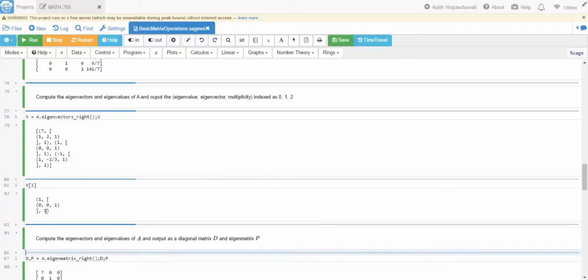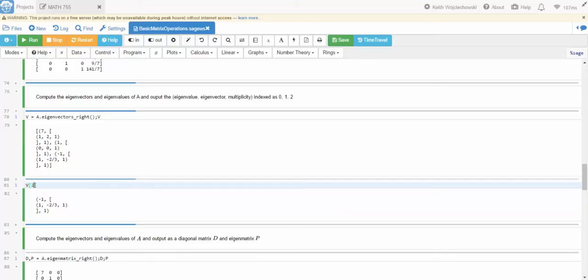And the little 1 down here is telling me what the multiplicity is. So this is the eigenvalue 1 with eigenvector 0, 0, 1. And then if I put in 2, I get the eigenvalue minus 1 with this eigenvector, and that is multiplicity 1. That's what that's telling me. So those are my corresponding eigenvalues and eigenvectors.